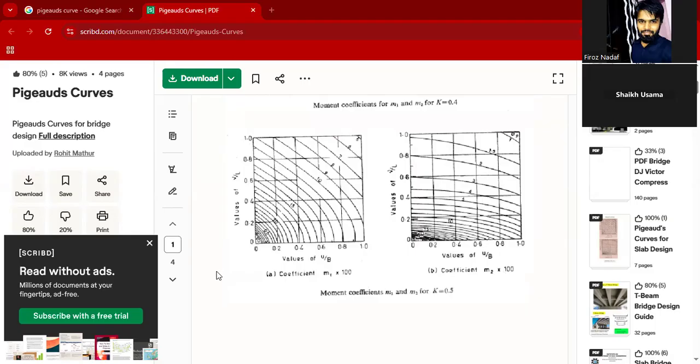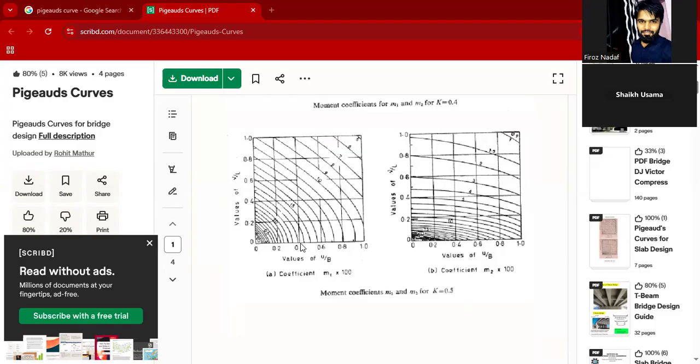Okay, so what is the value of v by L? The value of v by L is 0.752. Okay, so 0.752 will be between 0.6 and 0.8. It will be at this point. And what is the value of u by b? The value of u by b is 0.404.